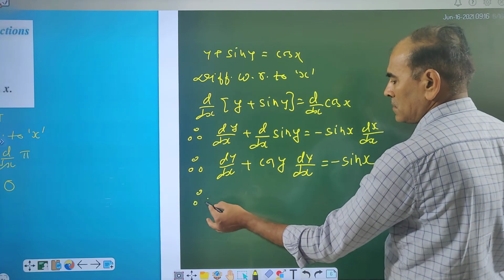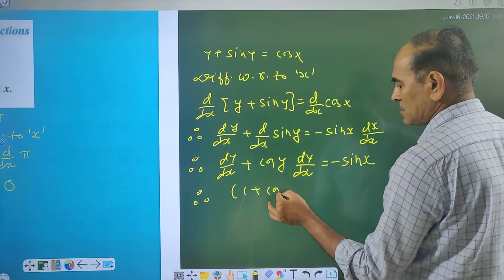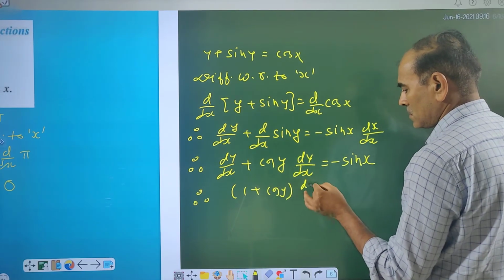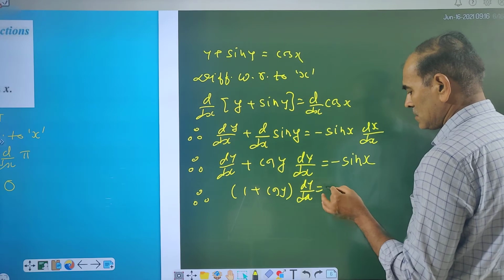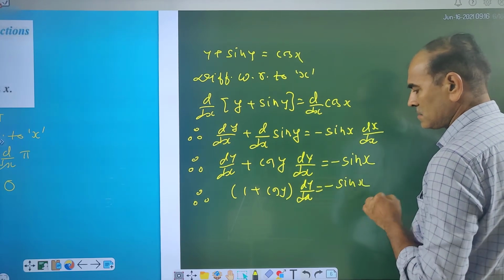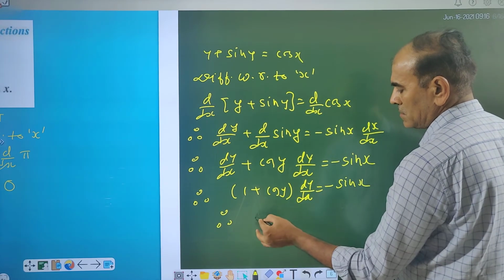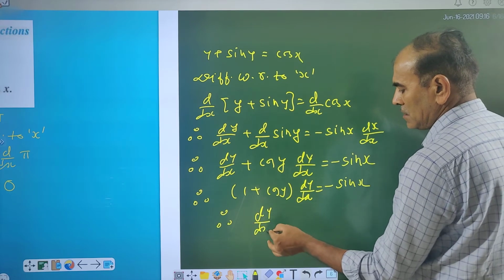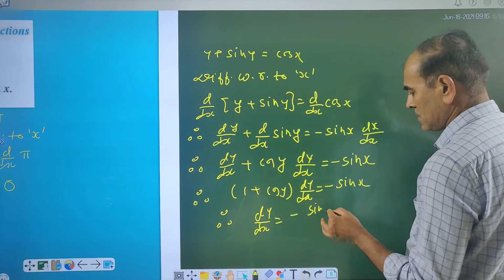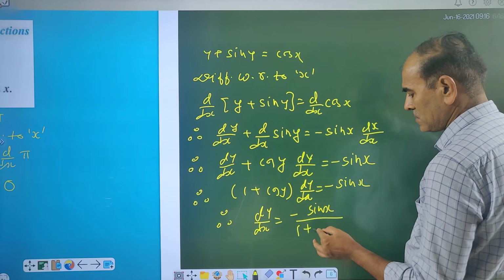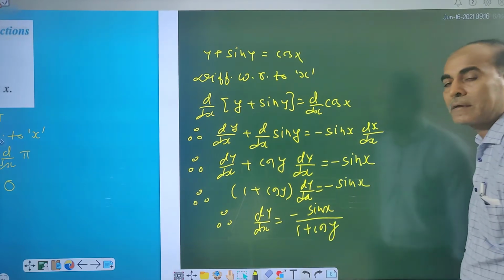So take dy by dx common: dy by dx (1 plus cos y) is equal to minus sin x. So dy by dx is equal to minus sin x over 1 plus cos y.